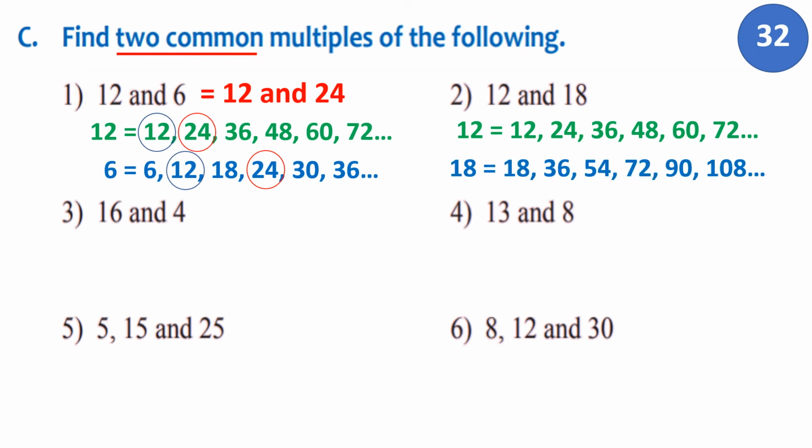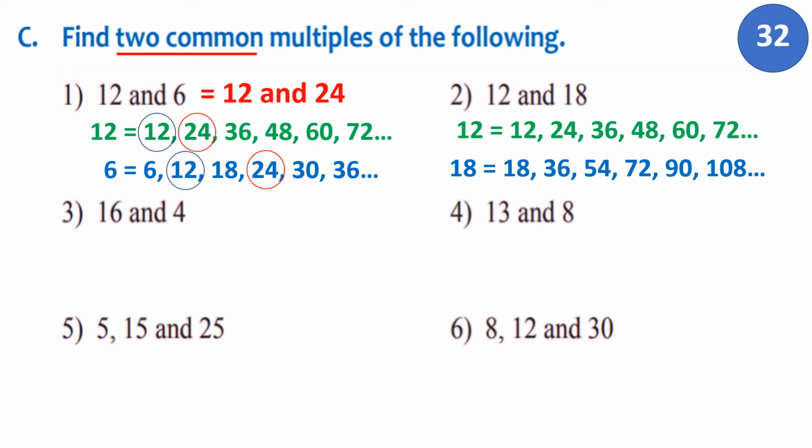For 18, you have 18 times 1 is 18, 18 times 2 is 36, 18 times 3 is 54, 18 times 4 is 72, 18 times 5 is 90, and 18 times 6 is 108. Okay, we stop here. Then you can see here we have only two common multiples.